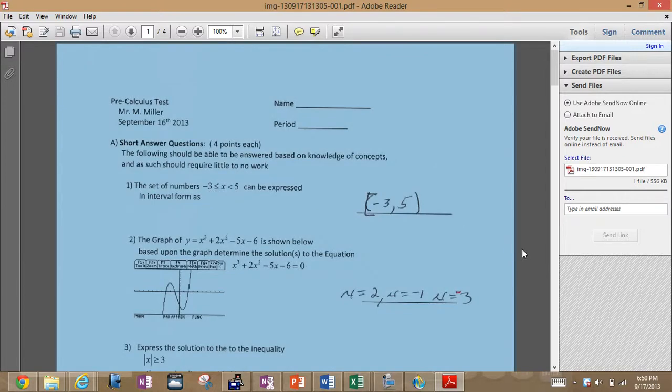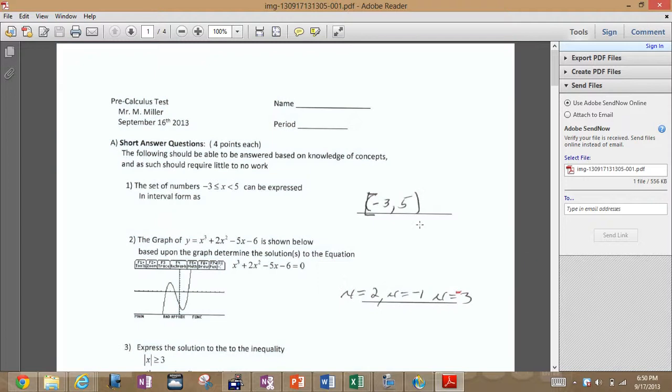Here's the interval. This is a set of numbers which is expressed here in inequality form, and then here in interval form. Number two, if we have the graph, the thing was to make the connection here, okay, between the graph of an equation, and the graph of a function, I should say, and the solution to the equation.